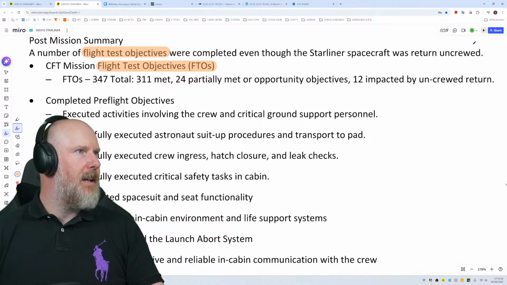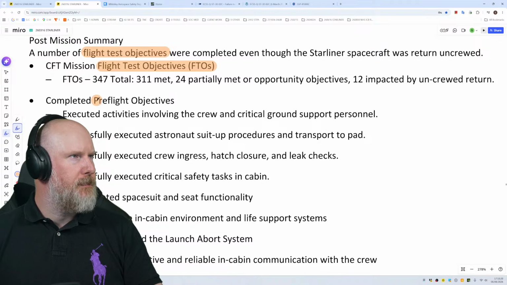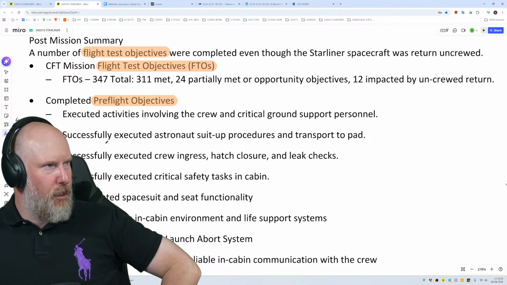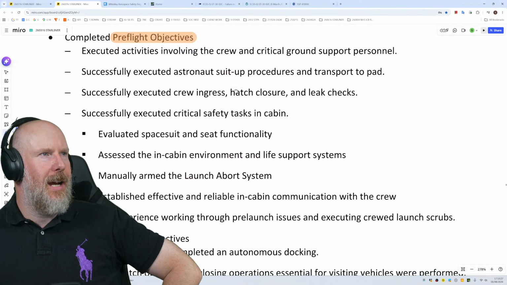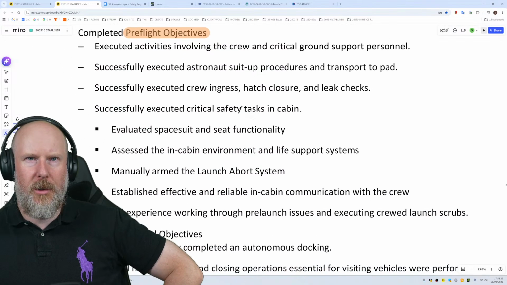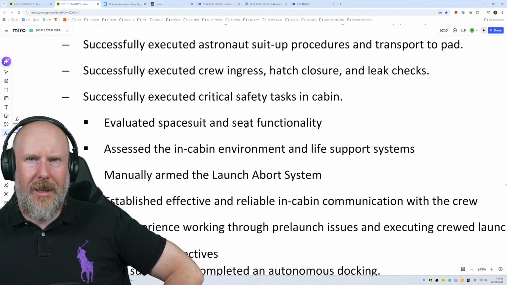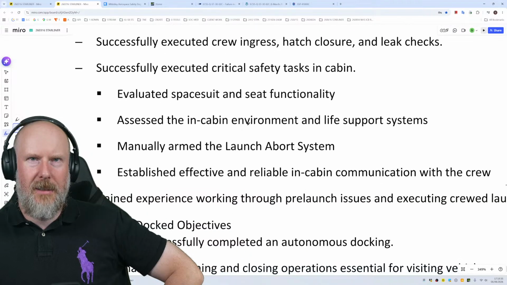Completed pre-flight objectives. Executed activities involving the crew and critical ground support personnel. Successfully executed astronaut suit-up procedures and transport to pad. Successfully executed crew ingress, hatch closure and leak checks.